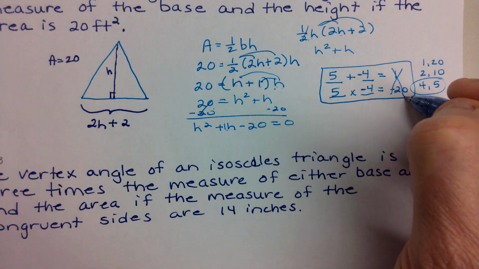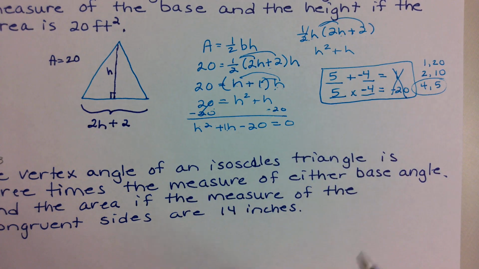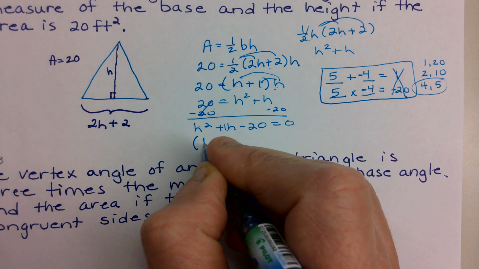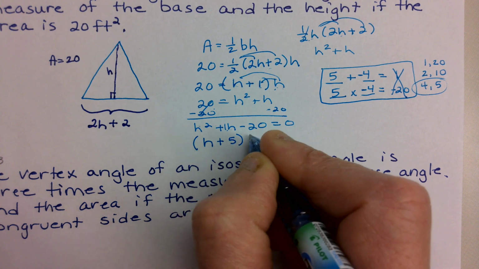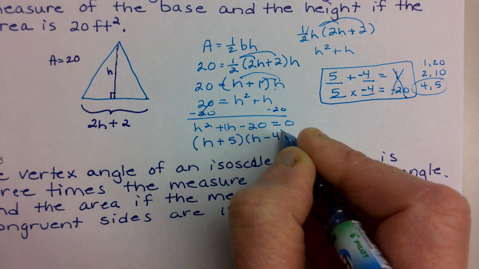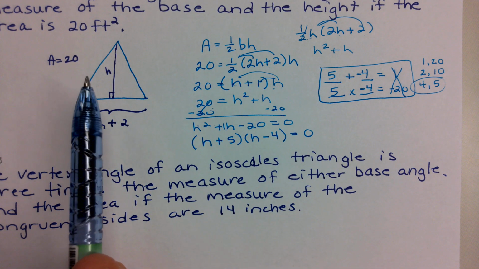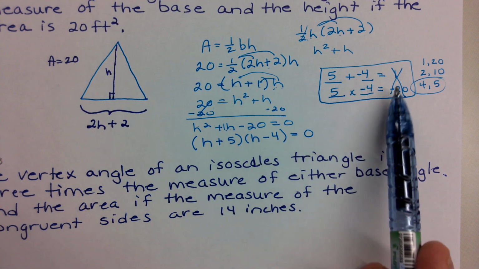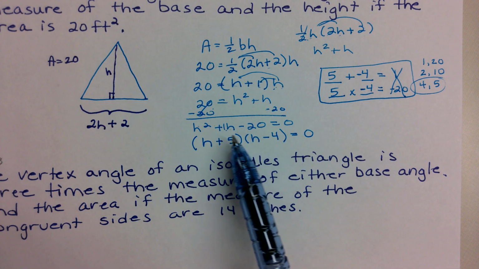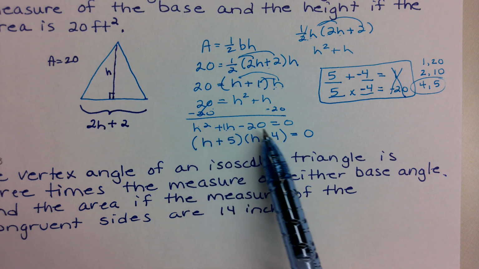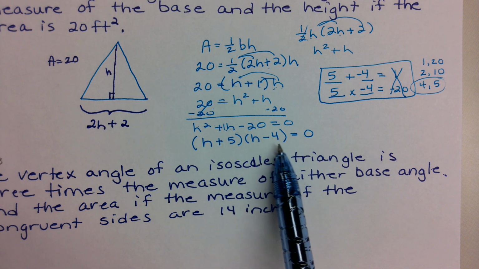Remember, these are then gone. This is, and these two. H plus 5, H minus 4 equals 0. Still not done though. I mean, I'm looking for my height. Remember, we're doing this to solve this quadratic. Now, what makes these 0?